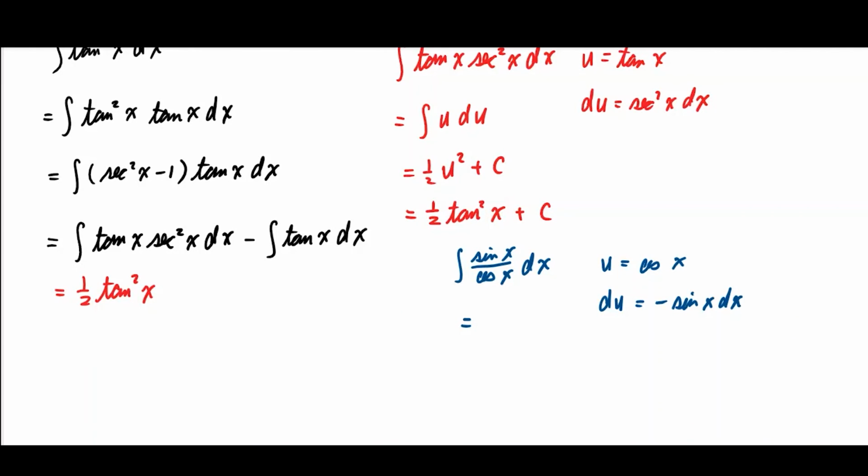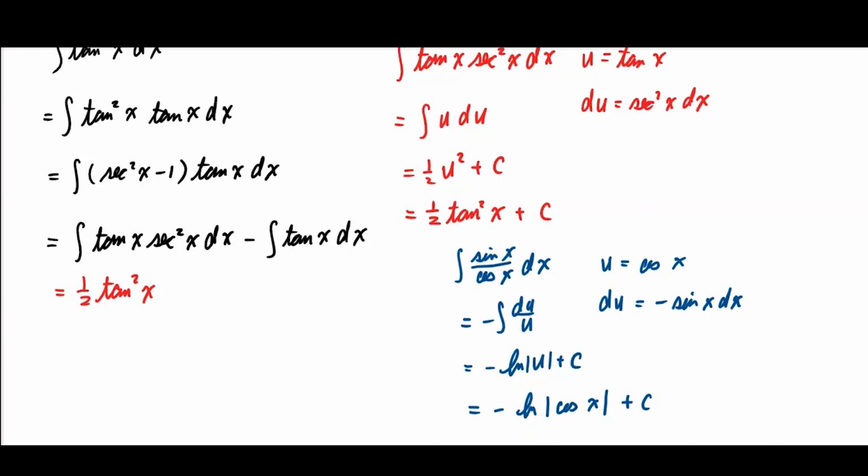So this thingy becomes negative, sine here, and then du over u, which is negative ln u plus c, and that becomes negative ln, and then, oh, absolute value, cosine x. You with me?